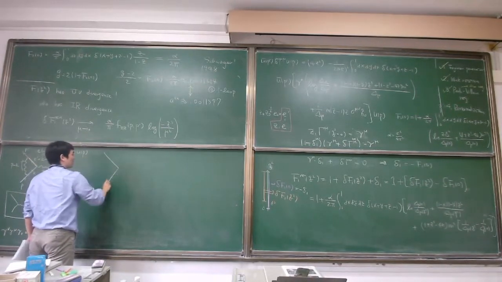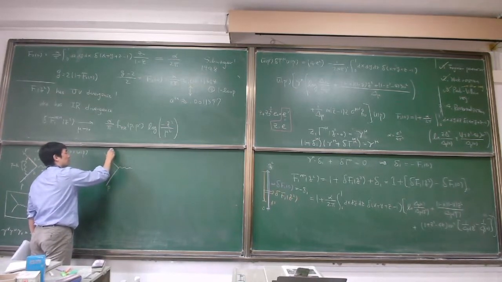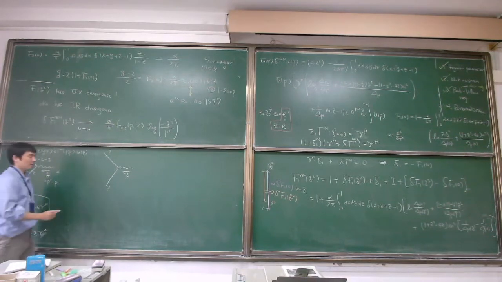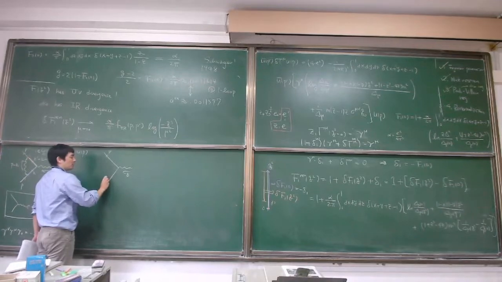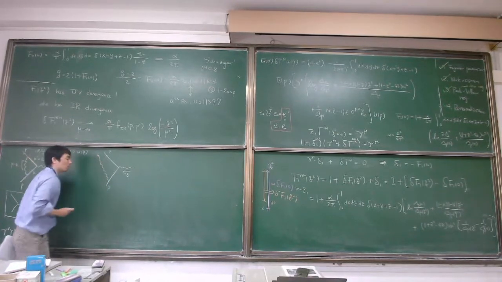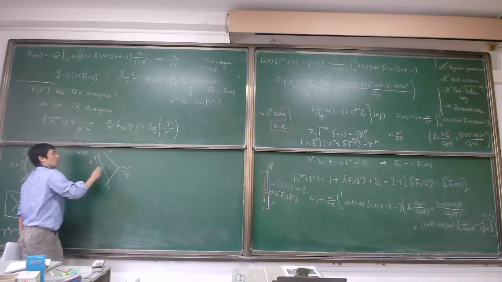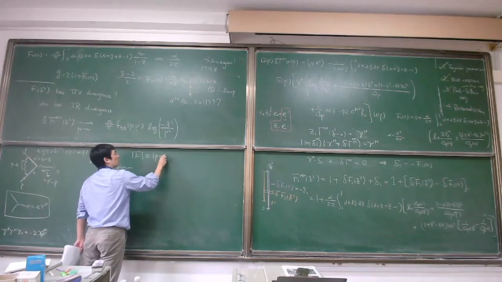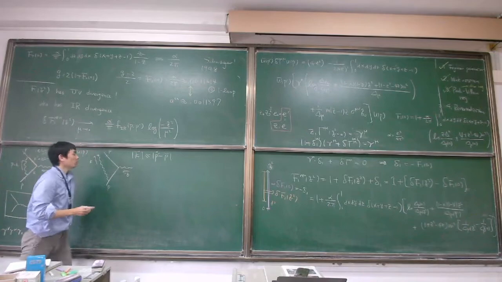There is some vertex with P and P prime and Q, and there is the electron. If the electron is moving, it can emit a so-called soft photon when K is very small.